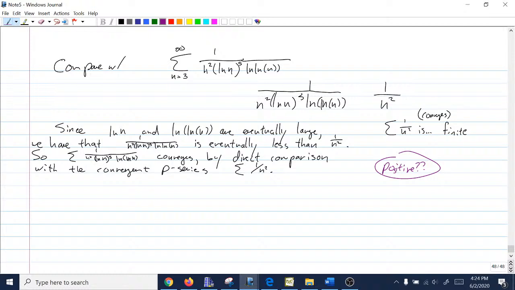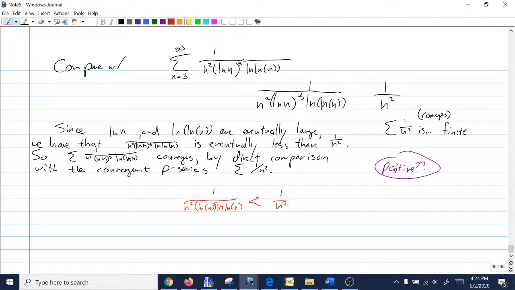What else didn't I say? One thing that I want to be clear on is that when I'm doing the comparison, like the thing I'm stating, I used a sentence because the math was already pretty gross. 1 over n squared log n to the 5th log n is less than 1 over n squared. This is the thing that I wrote out using words instead of an inequality display.